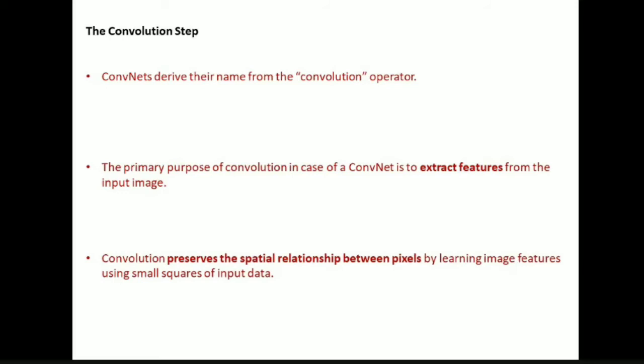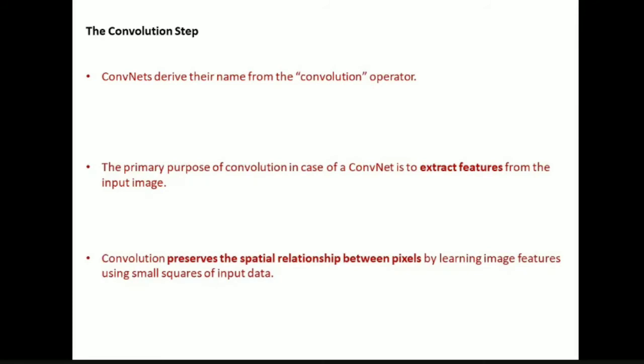Why are we using the operation of convolution? When we give the input image, after applying the convolution operation, the features will be extracted from the input image. Not just extracting the features, but the convolution operation is going to preserve the spatial relationship between pixels.